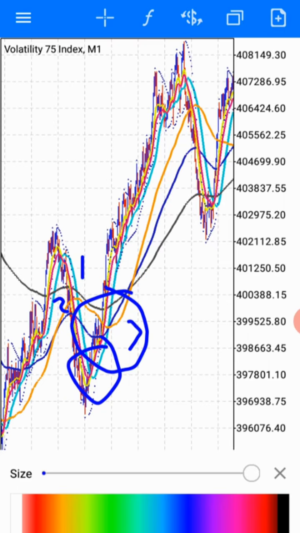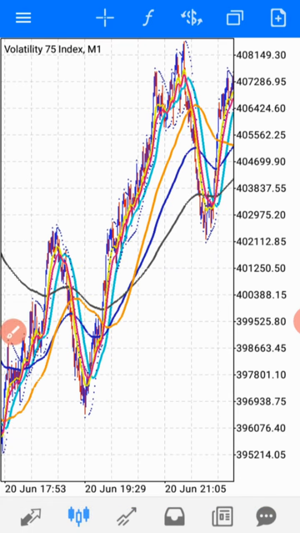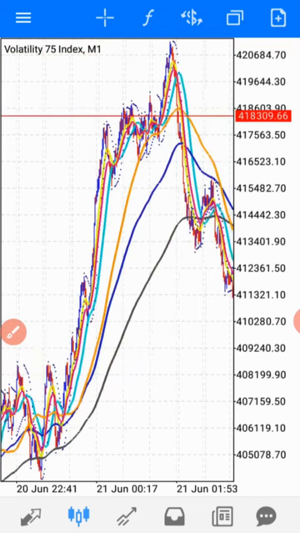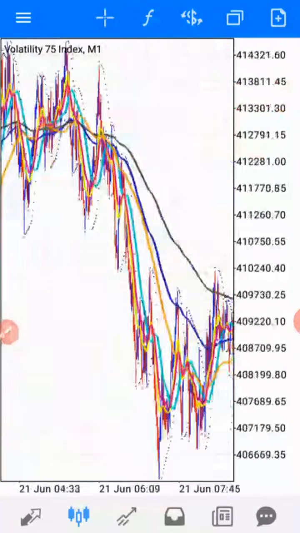You can also take a trade when you see the price crossing. In fact, it used to be a very sweet trade. See, all those kinds of trades used to be very sweet trades.